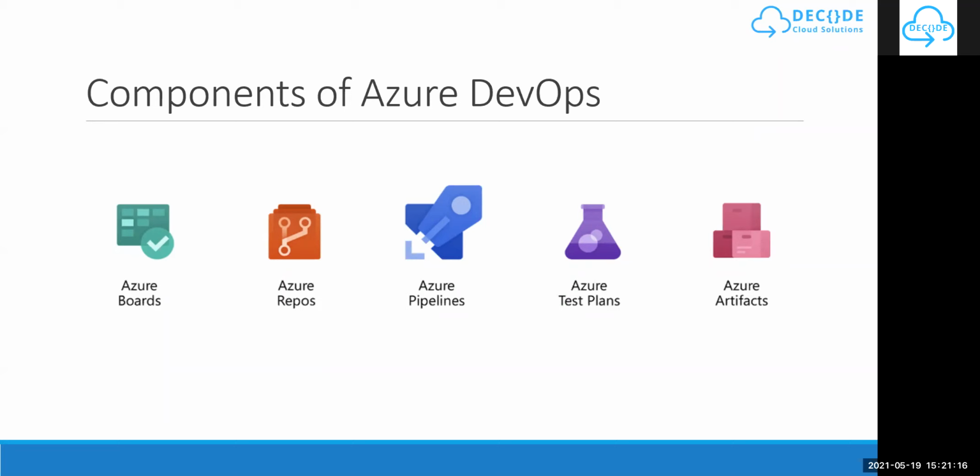First, Azure Artifacts, which you see on the rightmost part, allows teams to share packages such as Maven, NPM, NuGet, and other such dependency management systems from public and private sources, and integrate package sharing into your pipelines.